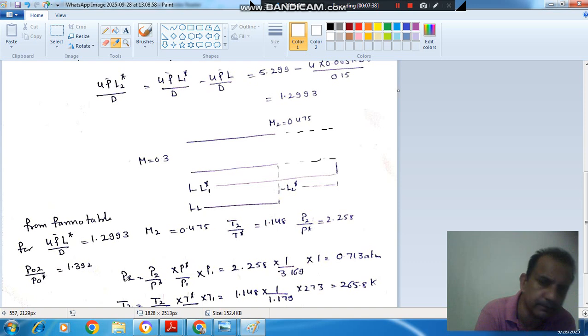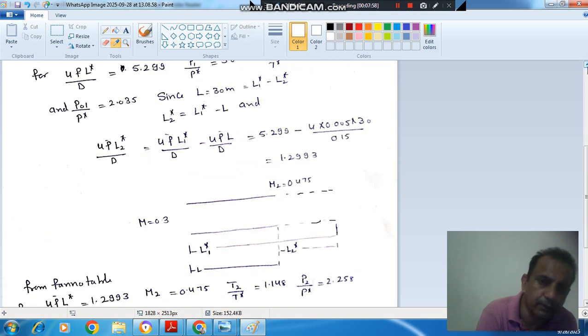Now we can calculate all the things. P2 is P2 by P star multiplied by P star by P1 and multiplied by P1. P2 by P star we have as 2.258, and P1 by P star we have from the Fanno table corresponding to 0.3.